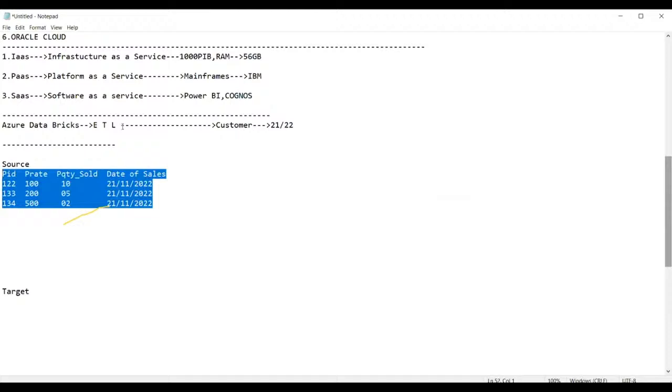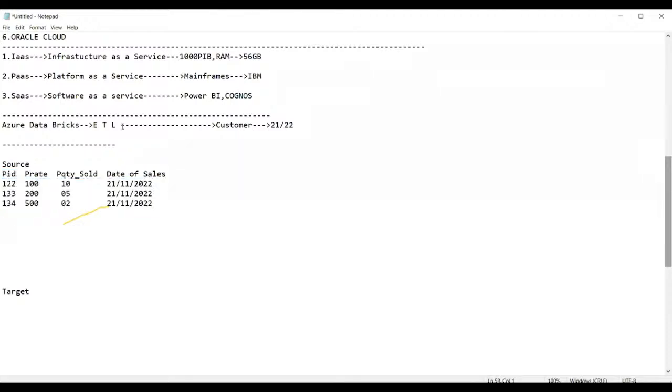I'm pasting the same information, but now instead of this, I will make the rate 200, here I'll make the rate 300, and here I'll make the rate 1000. The product quantity sold stays as it is, but I'm changing the date here to 22. Now guys, here you have it.